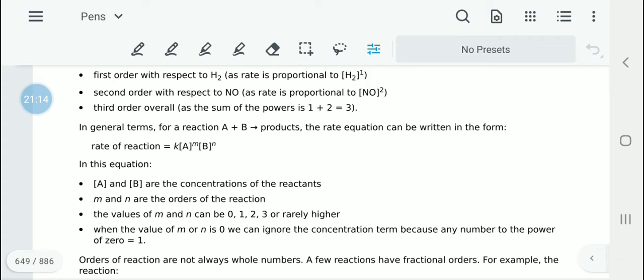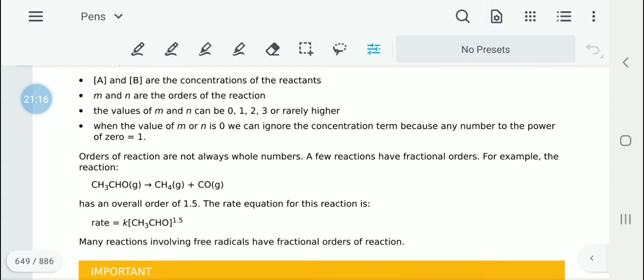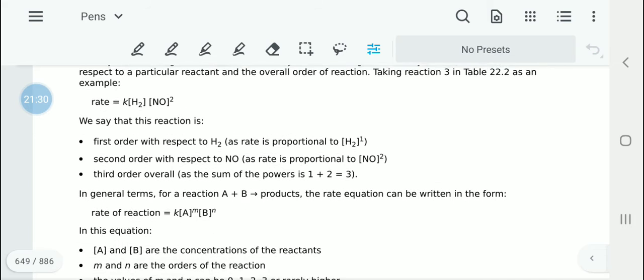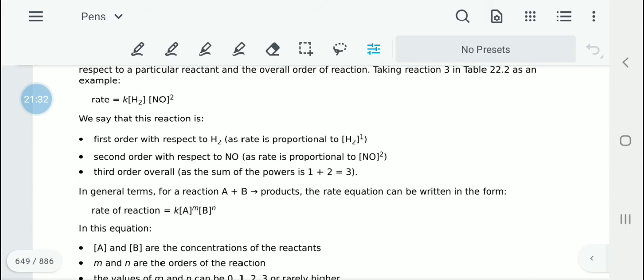Sometimes we have orders which are not whole numbers. It could be a half number as well. But the most important thing that you need to remember is that the overall order is the sum of the powers.